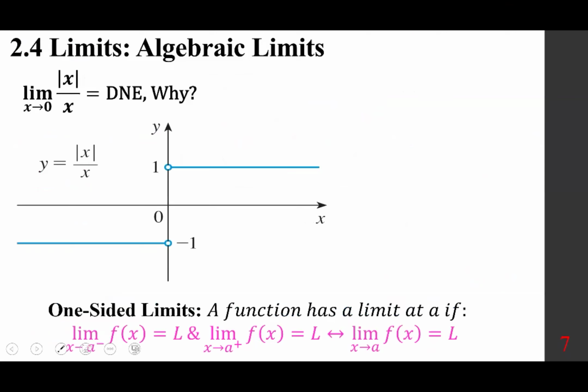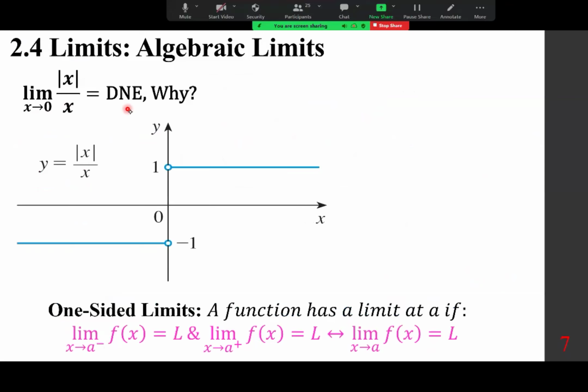All right, the limit of absolute value of x over x as x approaches 0 does not exist. Let's find out why. First and foremost, the concept of a one-sided limit is being reminded. Recall that absolute value of x is x if x is larger than or equal to 0, and minus x if x is less than 0.